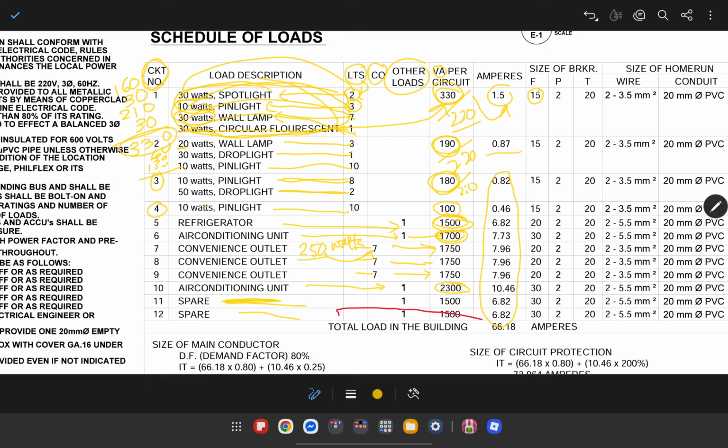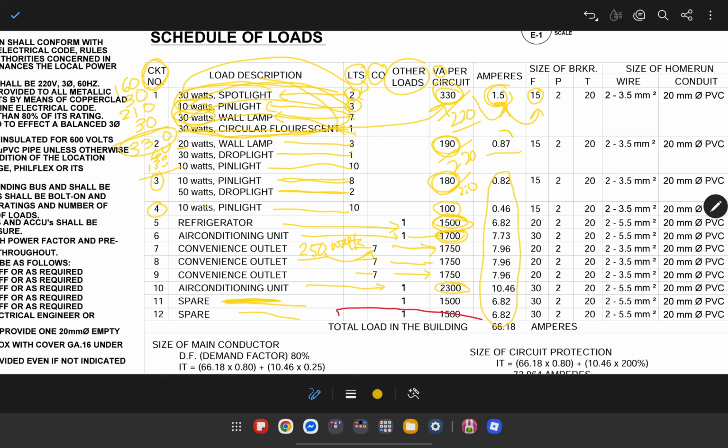In this case, the amperes required is just 1.5, and still we provided a bigger amperage here, which is 15, which gives you a bigger allowance in case there are changes with the lighting, so you still have enough protection for the size of the breaker.